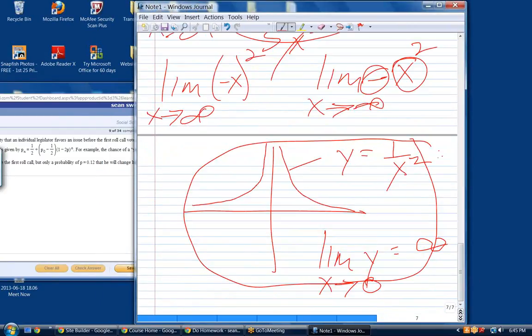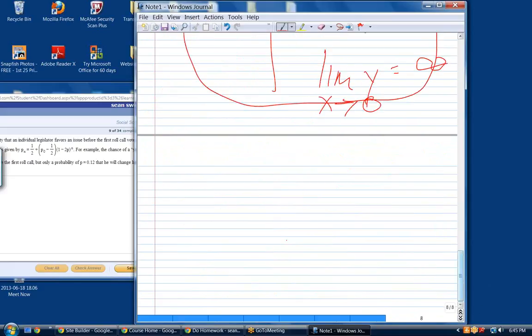Okay. So P of n is equal to 1/2 plus P sub 0 minus 1/2 times 1 minus 2p raised to the n power.